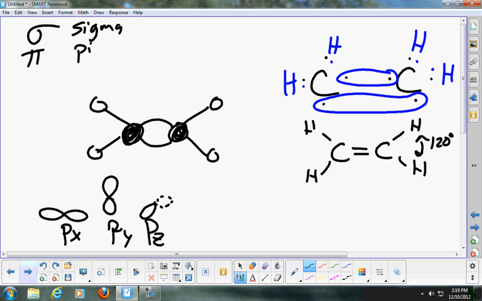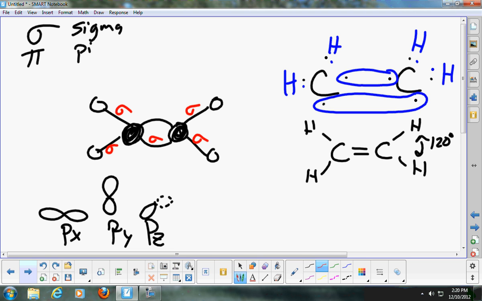So this is asking how many pi bonds and how many sigma bonds. The first bond between any 2 elements is a sigma. So is this a sigma or a pi? Sigma. Is this a sigma or pi? Sigma. First bond between any 2 elements is sigma. What about this one?